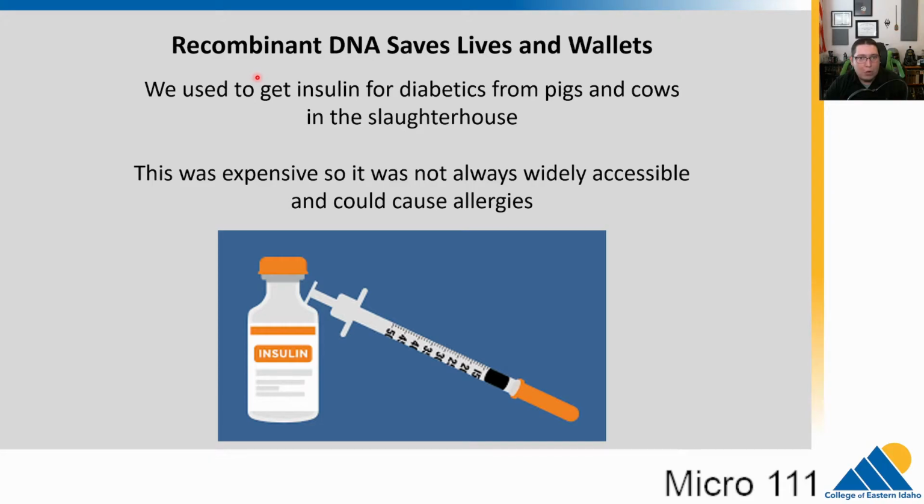Another way that recombinant DNA actually saves lives and money is this example of insulin. Diabetics are unable to produce enough insulin to regulate their blood sugar. Insulin is a hormone that helps regulate the processing of sugar in the blood.